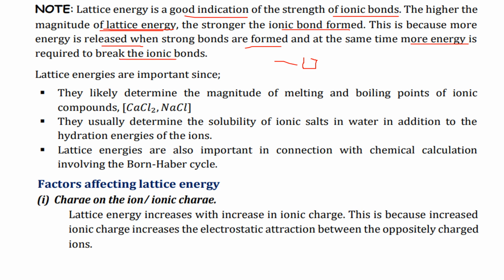So in case you're having, from your energy level diagrams, a more negative value, that means that when you come to enthalpy of solution, when you're dissolving that salt, the more negative value is going to be again more positive, because the equal amount of energy that is released when bonds are formed is the same amount of energy required to break those bonds when you're dealing with enthalpy of solution.